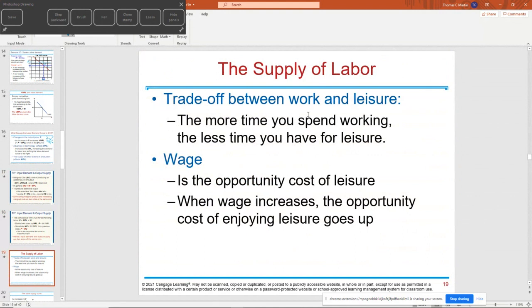Now, we as workers and we as potential business owners, if you go back in the past, as wages have increased, you've seen the value of leisure time increase.